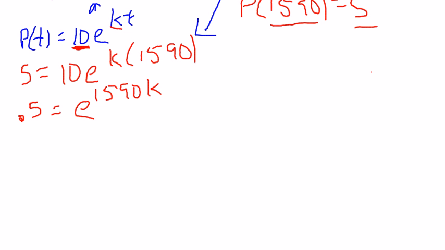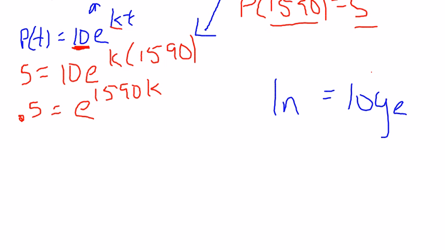Now, how do we get rid of e to the? Well, it's an exponential function, e to the whatever. If I want to get to the whatever, then I need to do the opposite of an exponential function. Remember, ln is log base e.